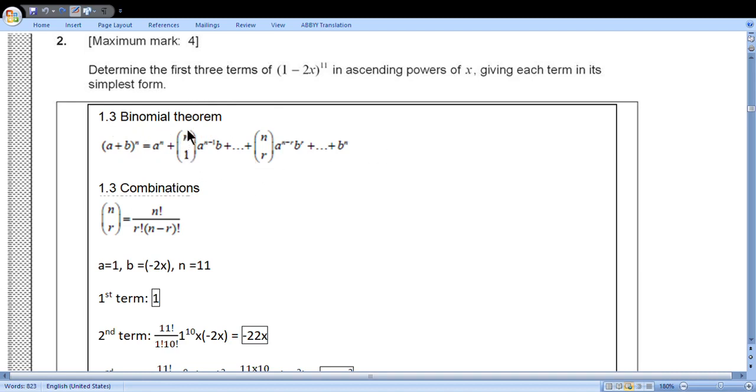In the terms we have the combination symbol, and combinations are rewritten this way, starting from r equals 0, and this is r equals 1, and so on. So a is 1, b is minus 2x, attention, plus, and here minus 2x, and n is 11.